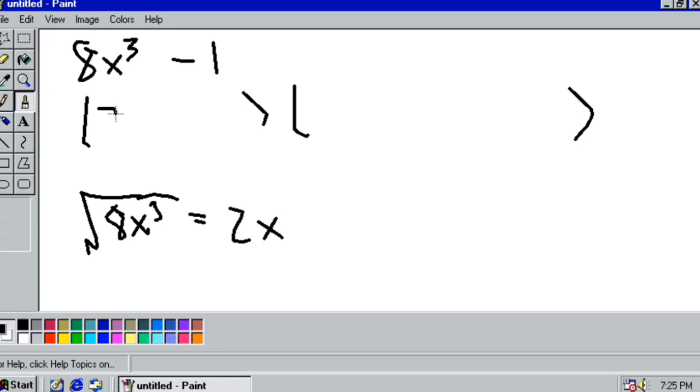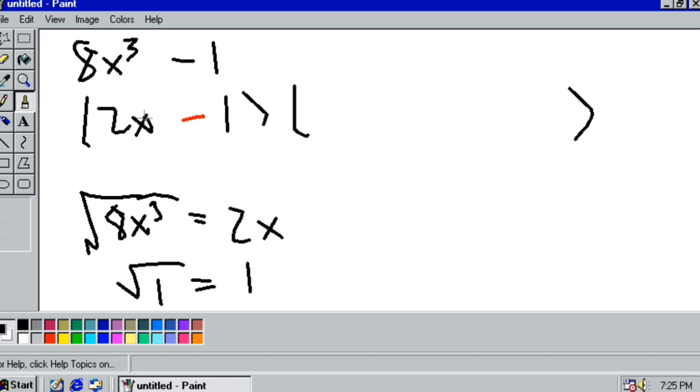So this will be 2x here, minus 1. So find the cube root of 1. The cube root of 1 is 1, since 1 times 1 times 1 is 1. So what sign are you going to use here? It will be minus, since it is the difference of two cubes.